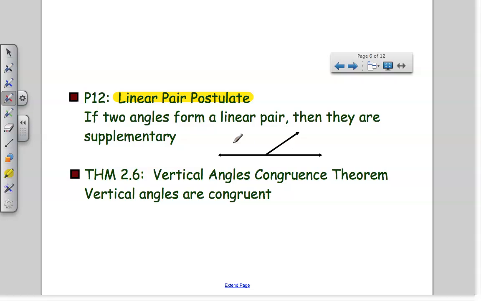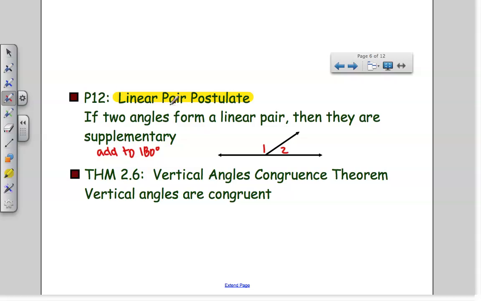Like here, I have angles 1 and 2 forming a linear pair. Together, they must form a line, which you know means these would add up to 180, which is what supplementary tells us. So two angles are together on a line. Yes, they are supplementary because they add to 180. Kind of makes sense, which is why it's a postulate.